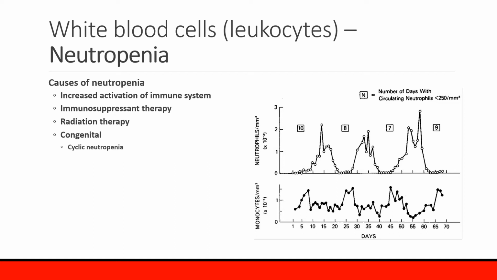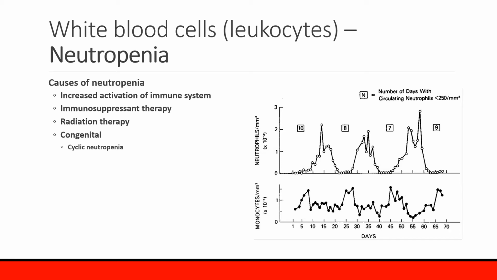Immunosuppressant therapy: anything that would depress your immune system would lead to a lower level of neutrophils. Radiation therapy is along the same lines. Depending on where it is, the radiation kills healthy cells, kills all cells really. So if you're going in for radiation therapy for cancer treatment, this can have negative effects on your blood cells. And then we could have congenital neutropenia.